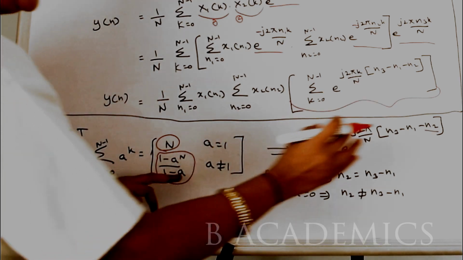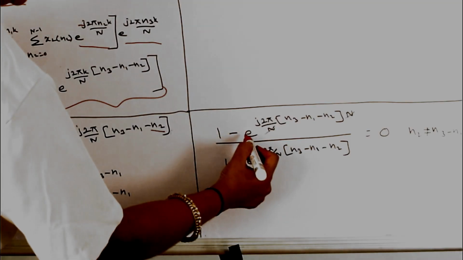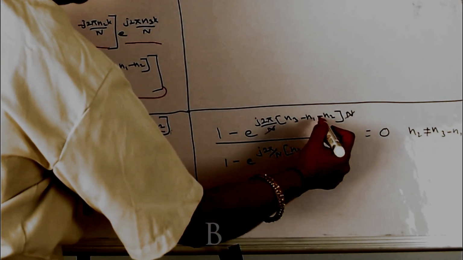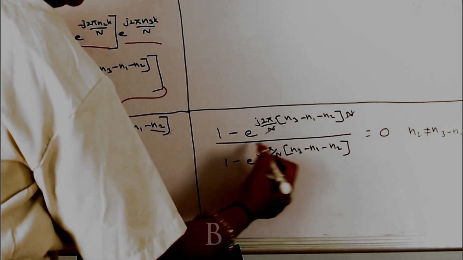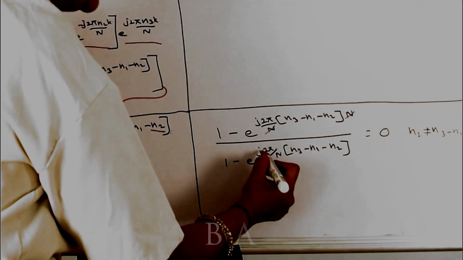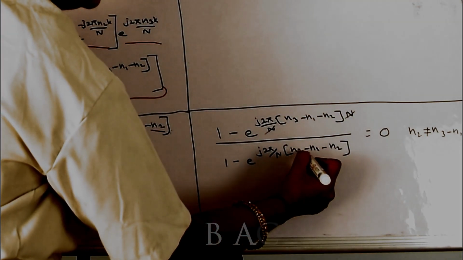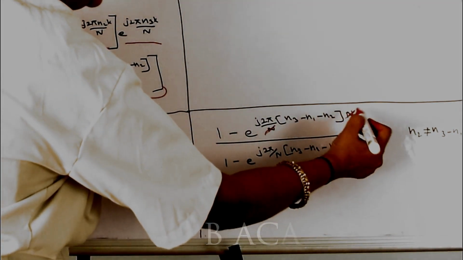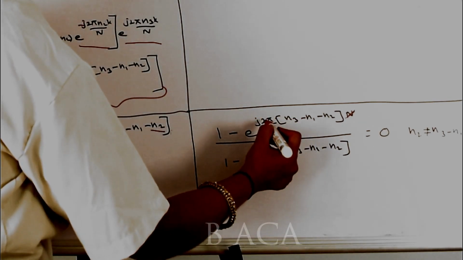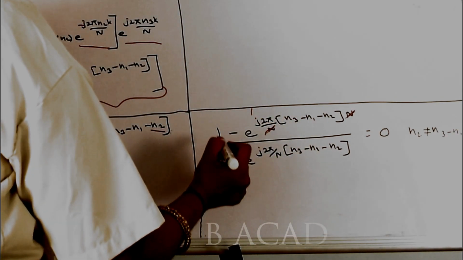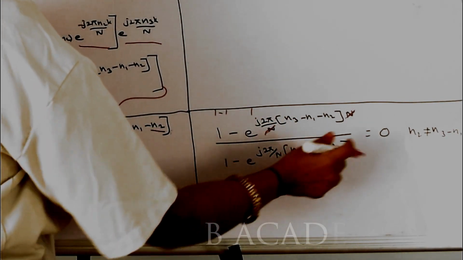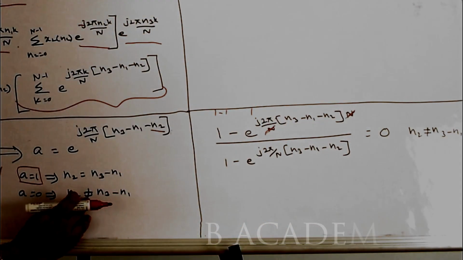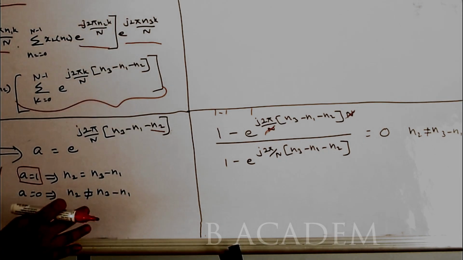When you substitute the value of a, you will get 1 minus e power j 2 pi divided by N into n3 minus n1 minus n2, the whole power N, divided by 1 minus e power j 2 pi by N into n3 minus n1 minus n2. When you cancel this N and N, the e power j 2 pi term becomes 1. So 1 minus 1 becomes 0. This is for n2 not equal to n3 minus n1.